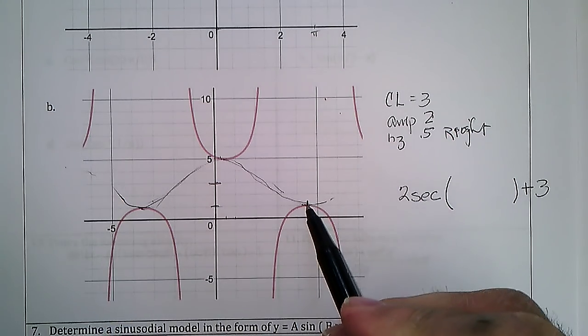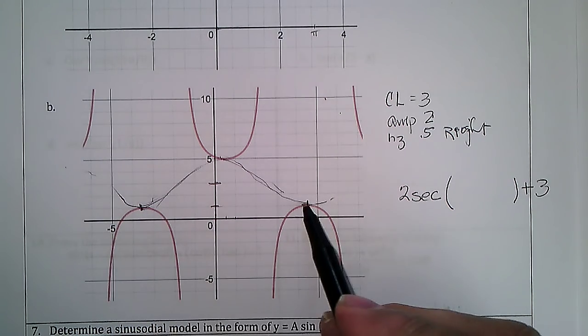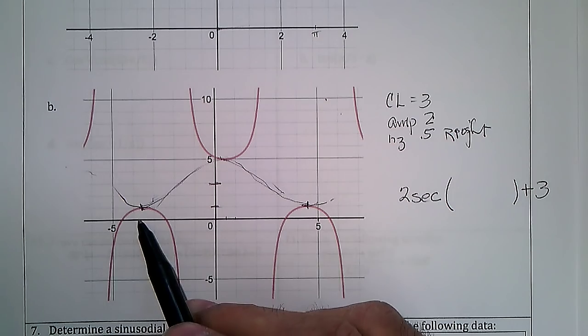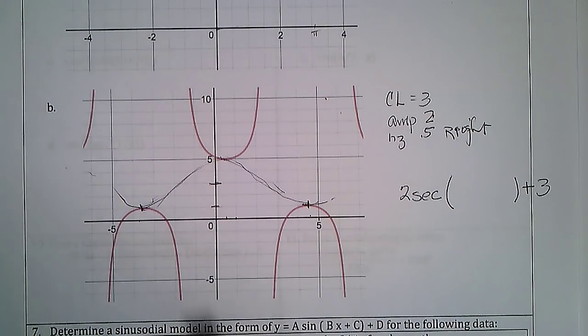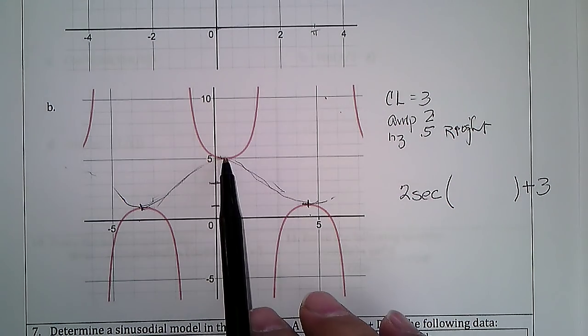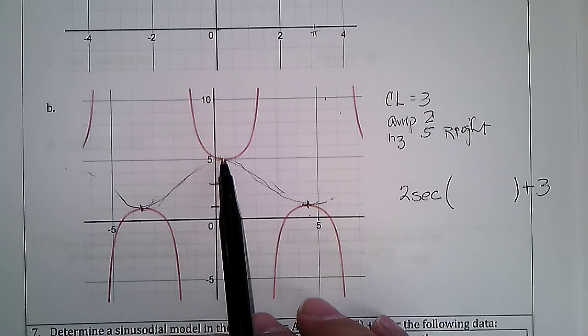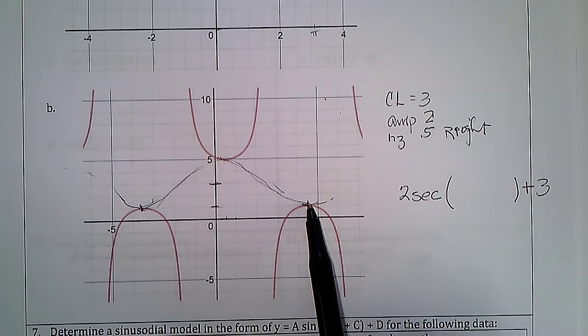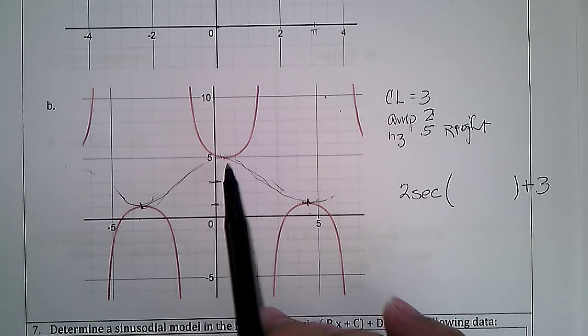Well, it's from the bottom. It's at the bottom going up, and then at the bottom going up. So it'd be from here to here. So that looks like, that's a full period. So half the period would be from here to there. And that looks like, from a half to 4.5. So it looks like 4 from here to there.